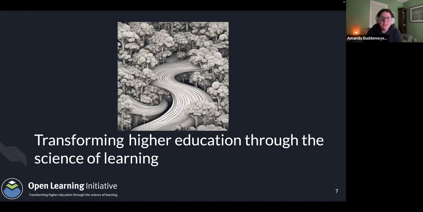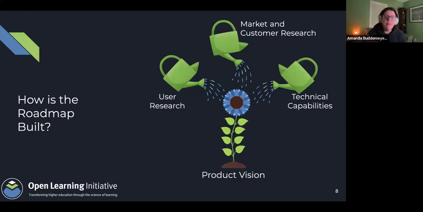I think that's a really important idea for us all to keep in mind, that this is the direction that we're all pulling in, that this is how we all understand Torus and how it's contributing to the educational technology space. One reason it's important is if we think about where a roadmap comes from.